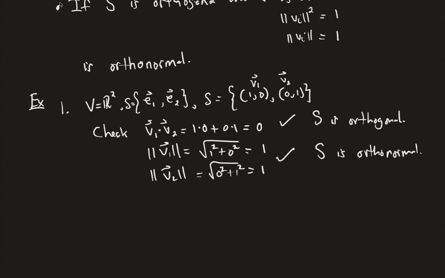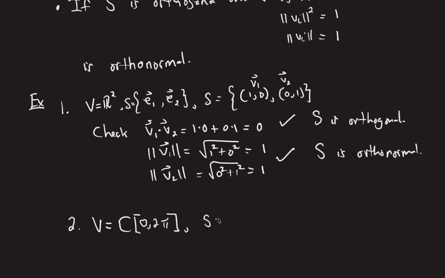Let's take a look at example 2, and I want to look at something where the vector space is not Euclidean. Let's use C, the space of continuous functions. We haven't worked a lot with it. Here I'm just going to go on the interval 0 to 2 pi.